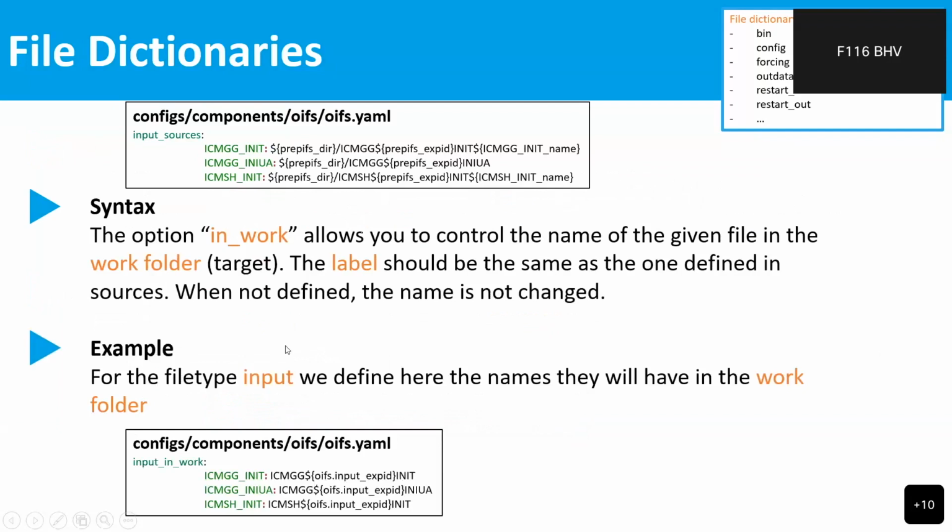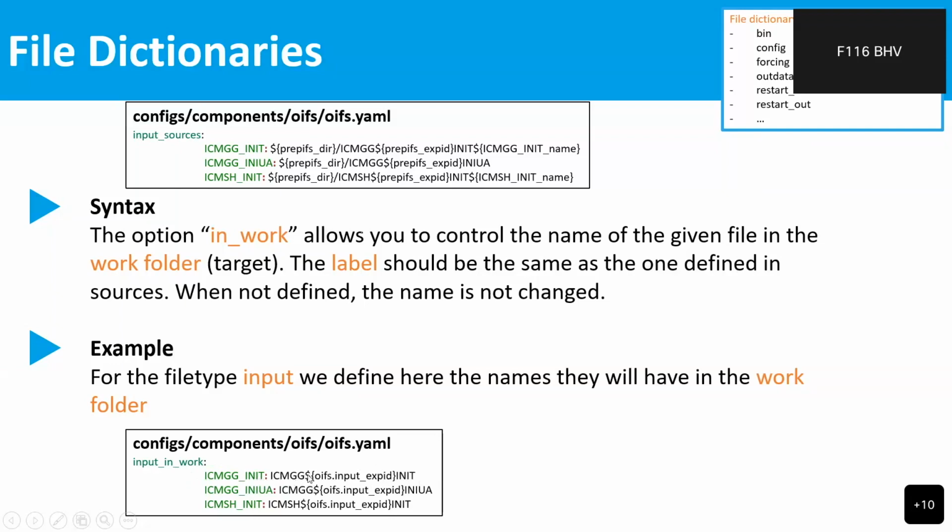And then we have the target, which normally is the work folder. And for that we specify in-work. So the syntax of that would be input underscore in work, and then we are saying, okay, for the same file that we are labeling within the sources with this key, we are going to have a new name for the target folder, which is in work.